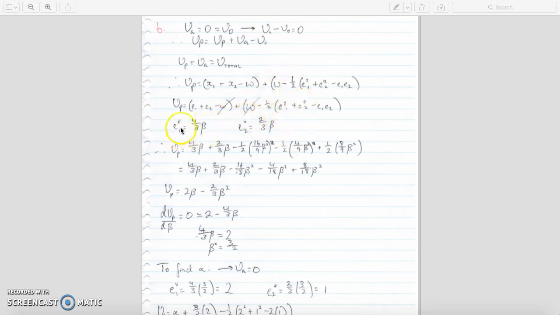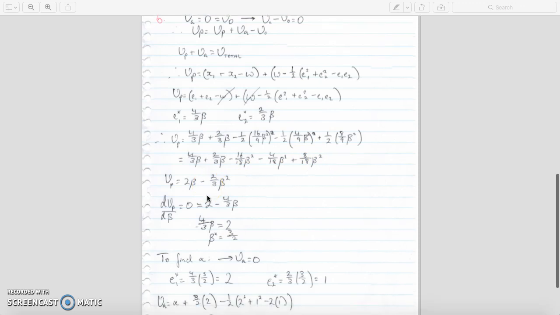So we can then substitute these values into the principal's utility function here, as we're trying to maximize beta in this case, given that this is the variable that the principal can choose. So substituting in gives us this equation here, and then we can further simplify it, giving us 4 over 3b plus 2 over 3b minus 16 over 18b squared minus 4 over 18b squared plus 8 over 18b squared.